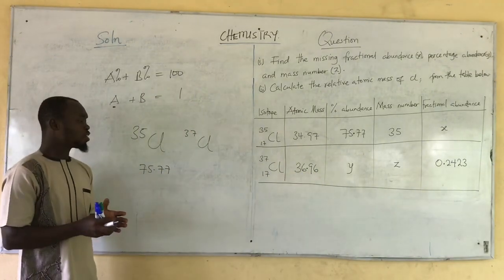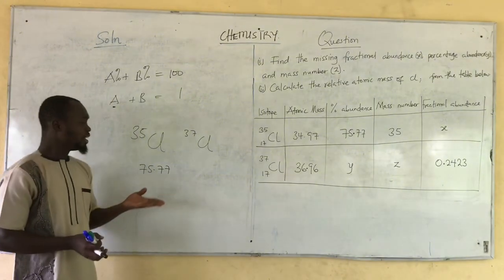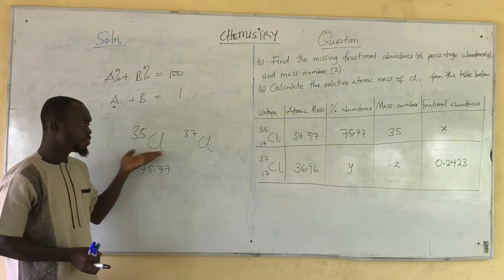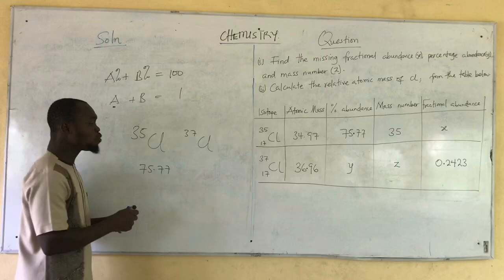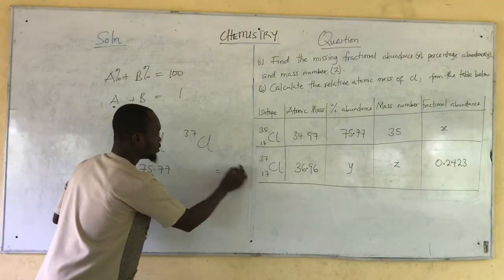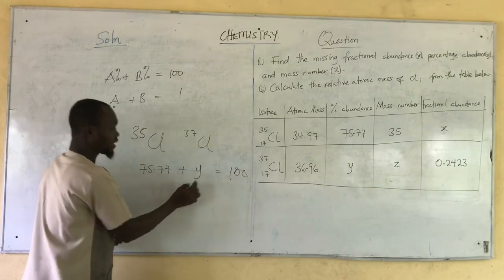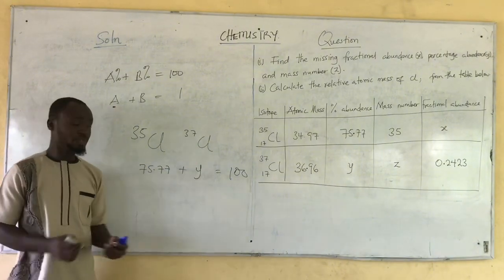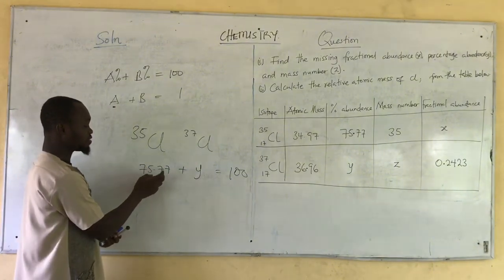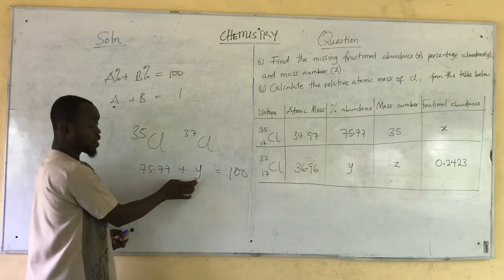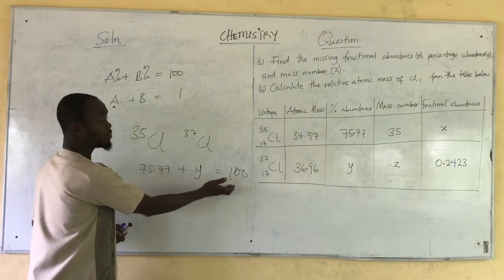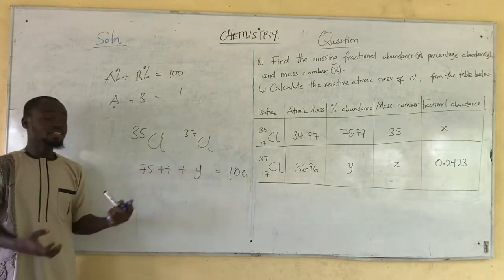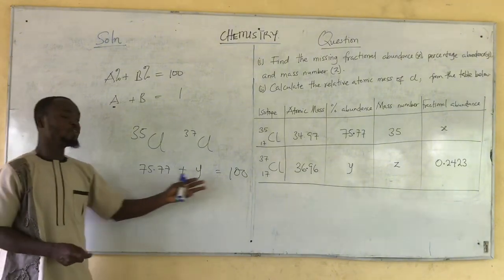Since we're talking about percentage abundance, the total abundance of chlorine 35 and chlorine 37 should be equal to 100. So this was given as Y. If we add this and this, we should get 100. This was given as 75.77, and this one was given as Y. But the total is 100. How do we know the second one? That is by subtracting the one we know from 100.